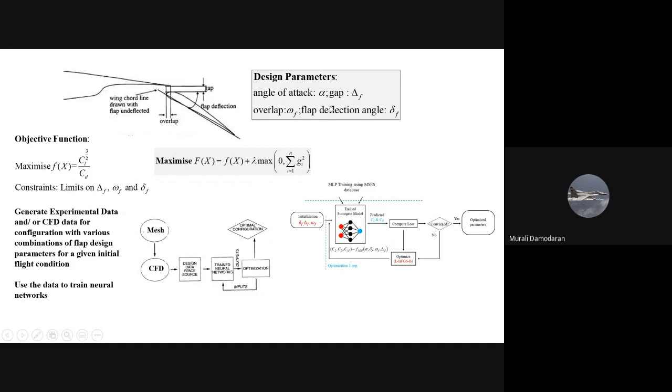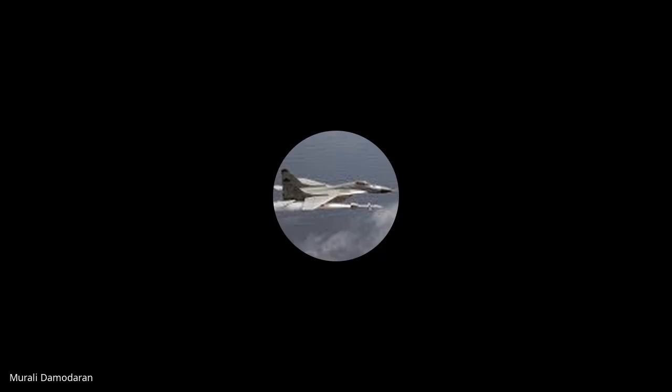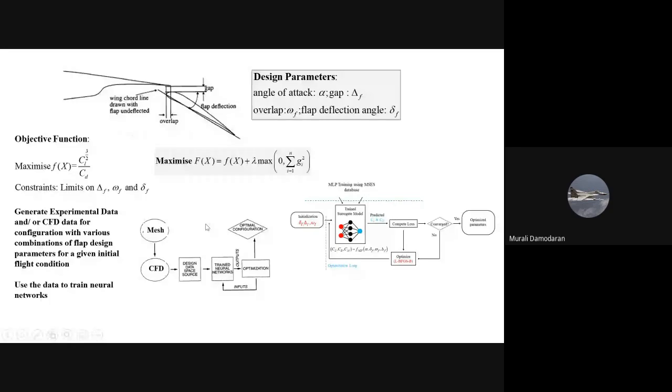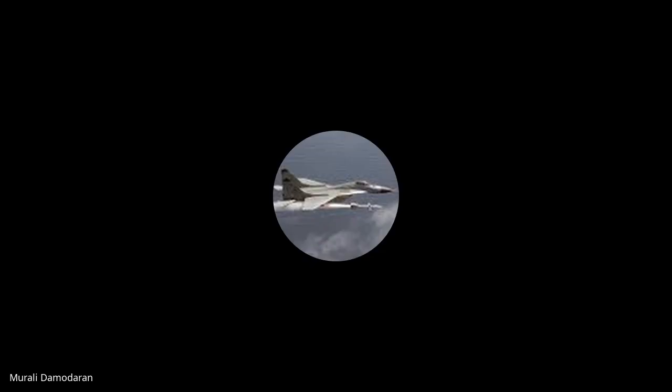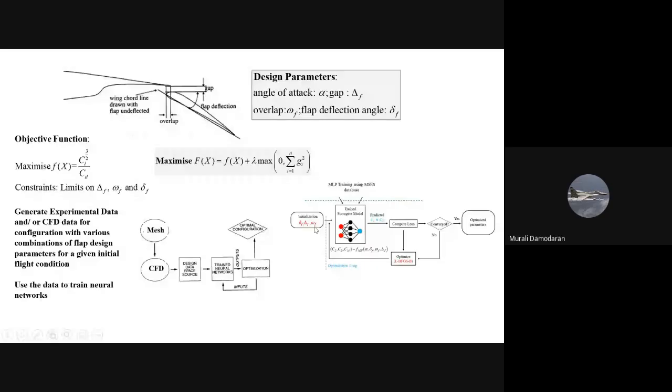And for an angle of attack objective function, to maximize this, the endurance, there will be constraints, so I need to maximize the objective function with the constraints. The neural networks box here will be trained with the CFD data, and then you initialize the flap and these parameters and train.